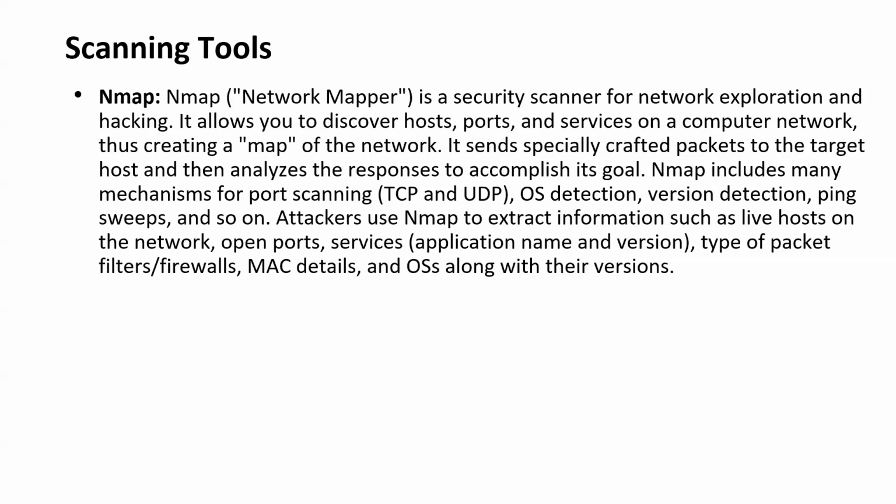Also, the ports which are open, the kind of services running on those ports, and the state, whether open or closed. All this information we can find using the Nmap tool.